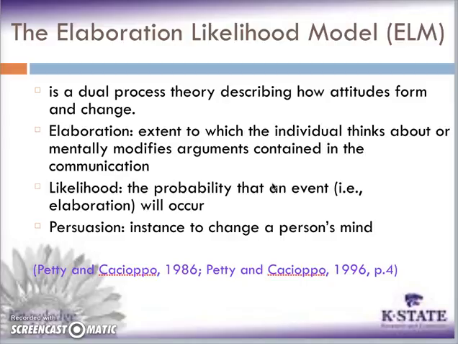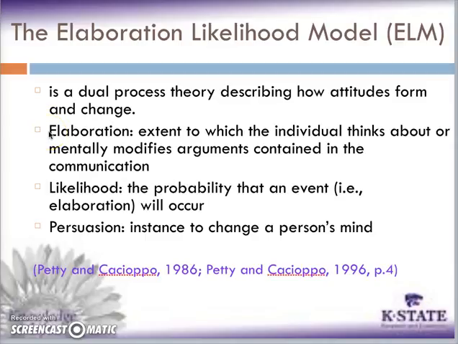So the model of persuasion is a dual process theory describing how attitudes form and change. This model provides a framework to examine the individual variables, need for cognition and issue involvement, and situational variables that may influence the persuasion process through either the central or peripheral route.